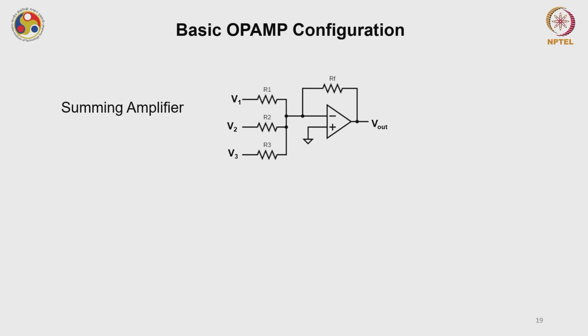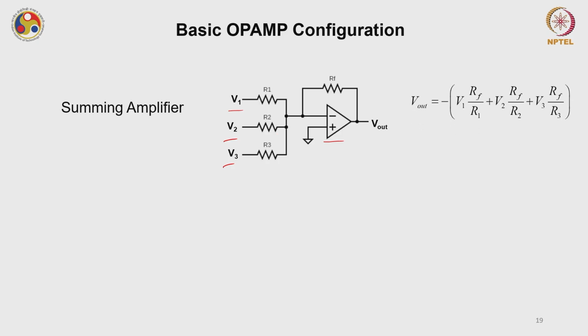Now it can also be used as a summing amplifier to sum up signals. For example, this is a configuration where a simple op amp has been used as a summing amplifier. You have 3 signals V1, V2 and V3 applied through the resistances R1, R2 and R3, and RF is the common feedback resistance.